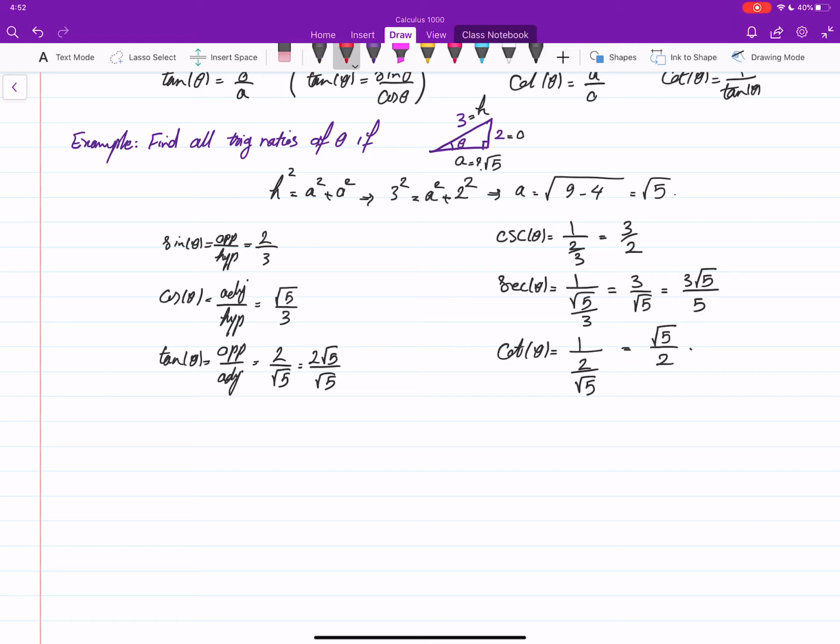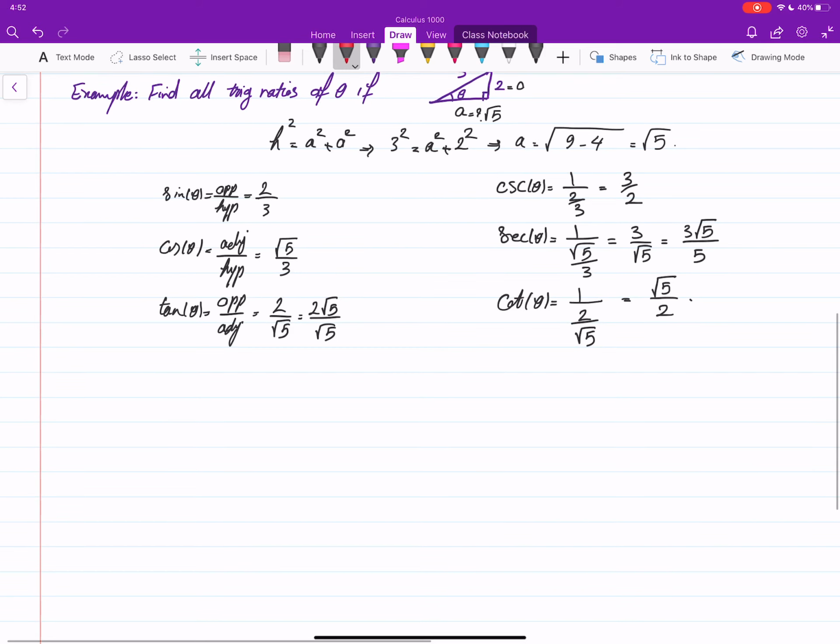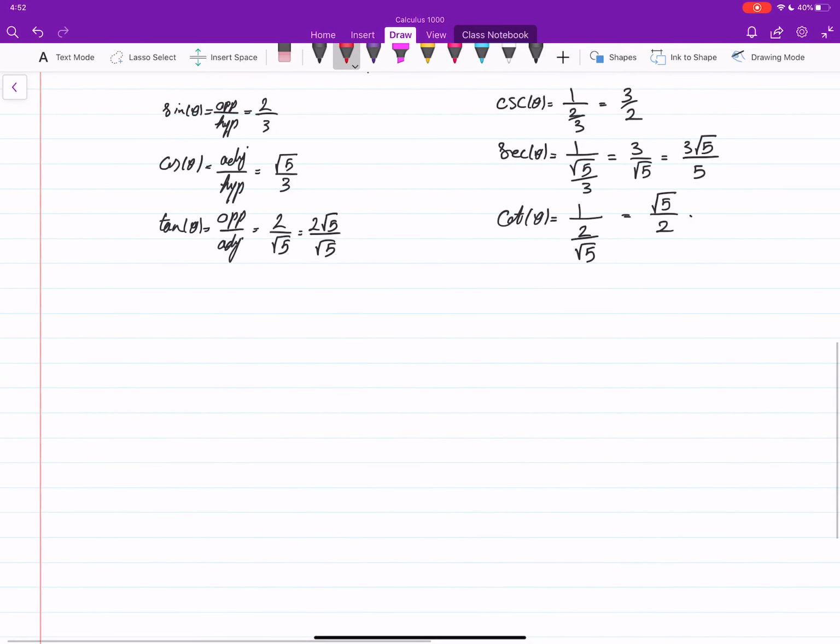There are a few triangles and angles for which we have to know all the trigonometric ratios. This one comes from the isosceles right triangle. So if this and that are the same, then these angles need to be pi over 4.